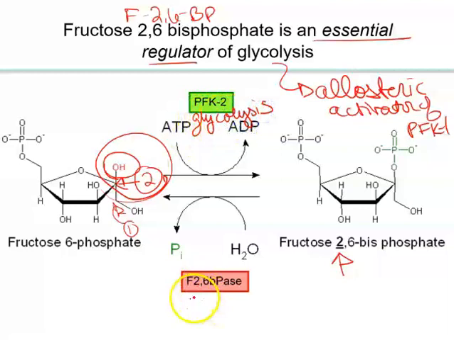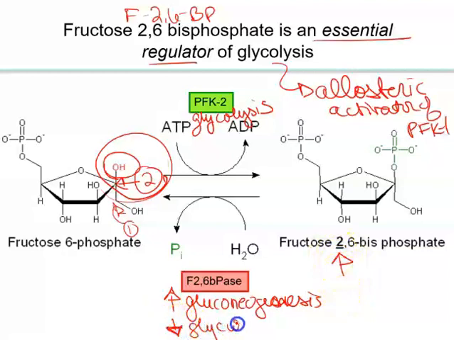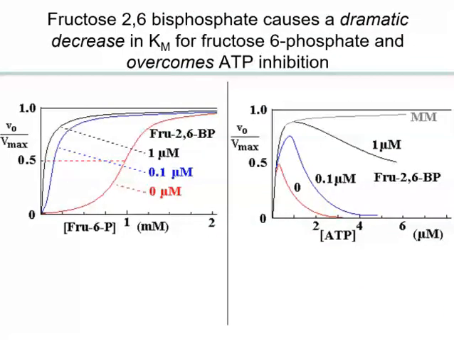Fructose 2,6-bisphosphatase is active when we need to run gluconeogenesis and does this by depleting the level of fructose 2,6-bisphosphate. So we're going to reduce the running of glycolysis by decreasing the level of fructose 2,6-bisphosphate, which decreases the activation of phosphofructokinase 1.